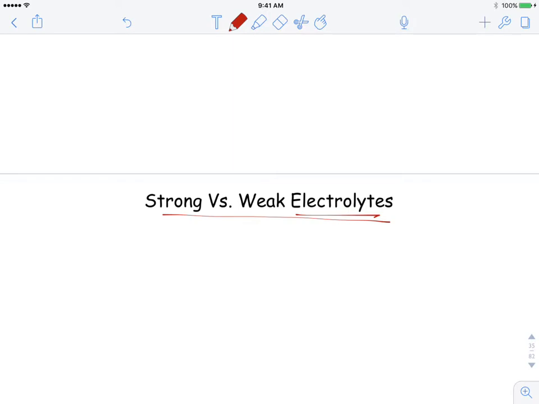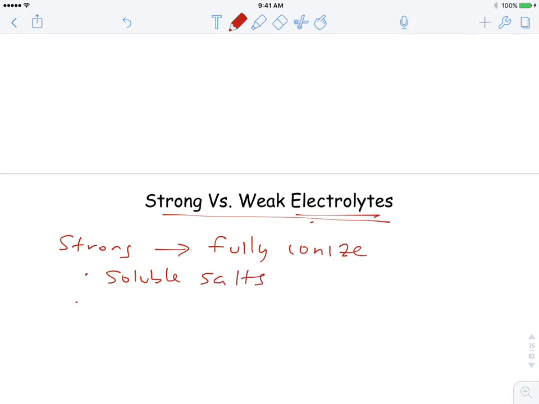Well, there are certain substances that are strong electrolytes, and these strong electrolytes are ones that fully ionize. These are characterized by either soluble salts, soluble ionic compounds, strong acids, or strong bases.